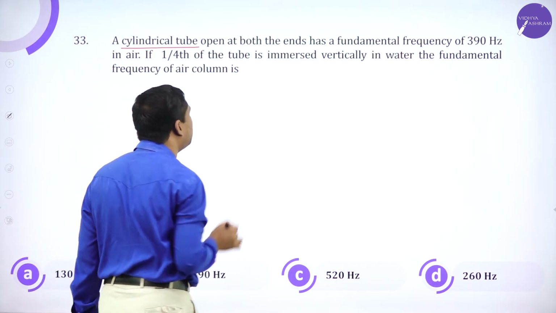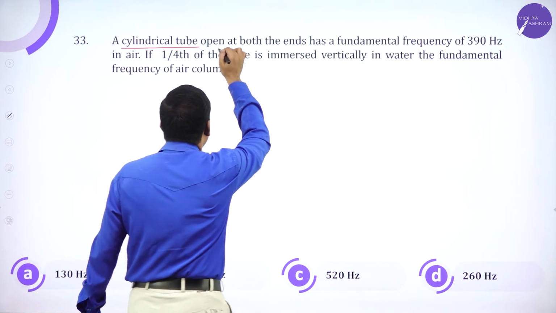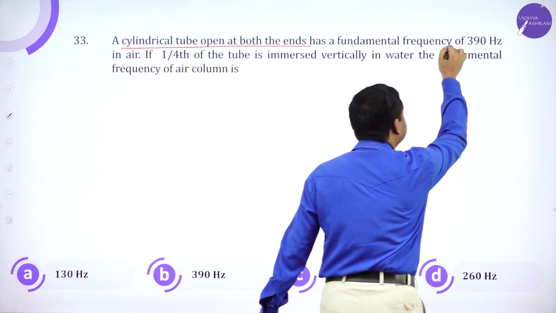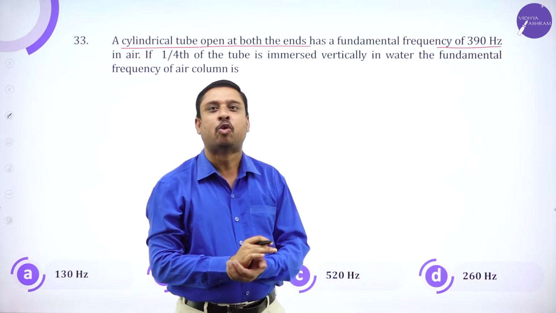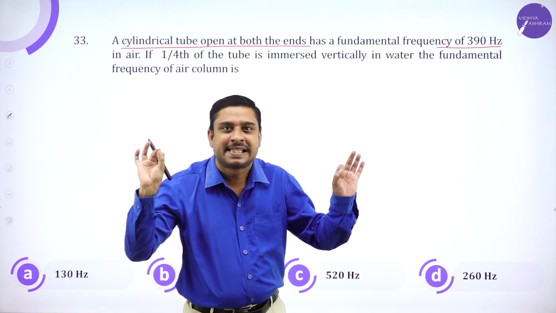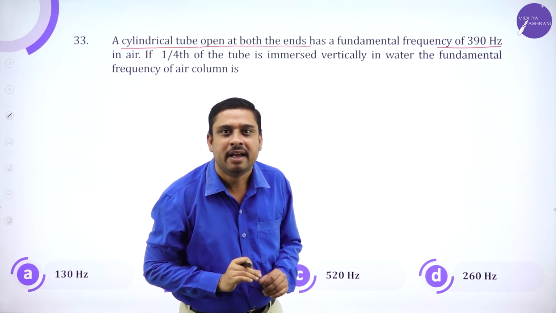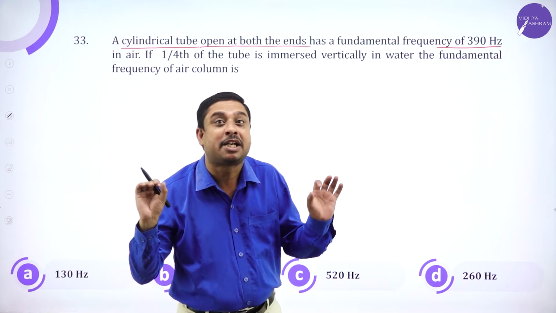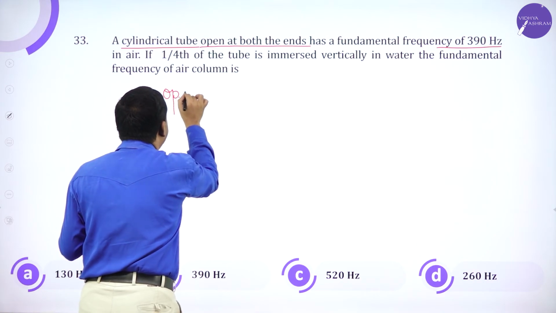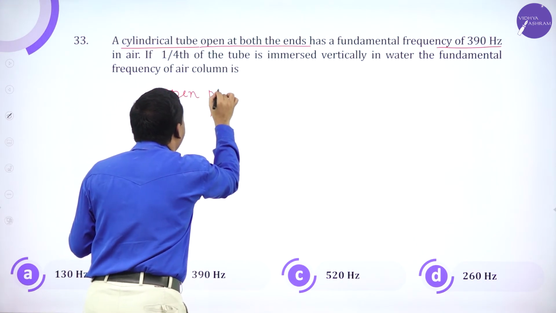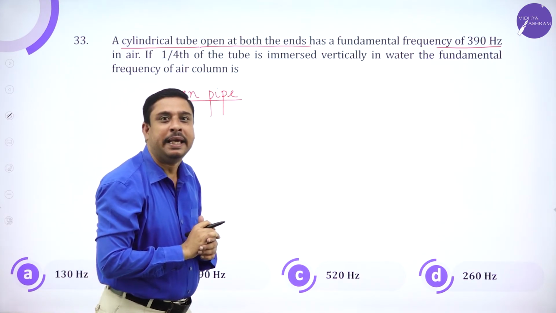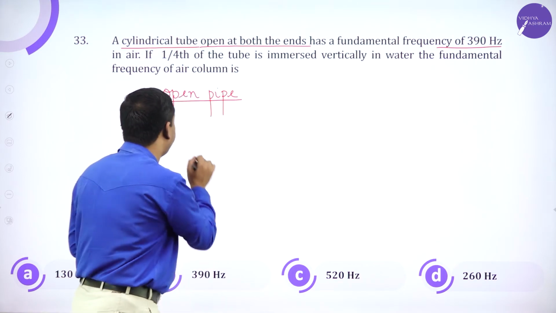A cylindrical tube open at both the ends has a fundamental frequency of 390 hertz. When the cylindrical tube is opened at both the ends, it behaves as an open pipe.